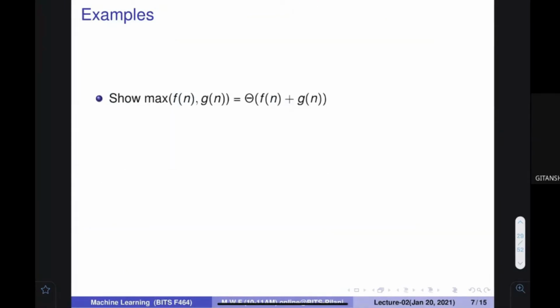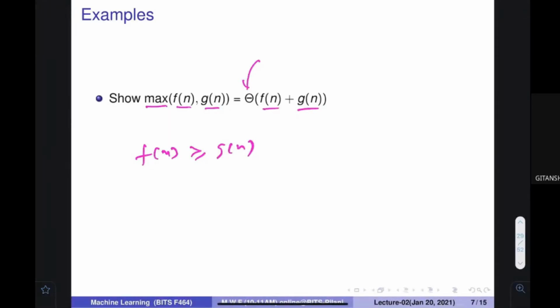Okay, so here are some examples. Can you show me that max of fn comma gn is equal to theta of fn plus gn? To show this, you can think that there could be three conditions.